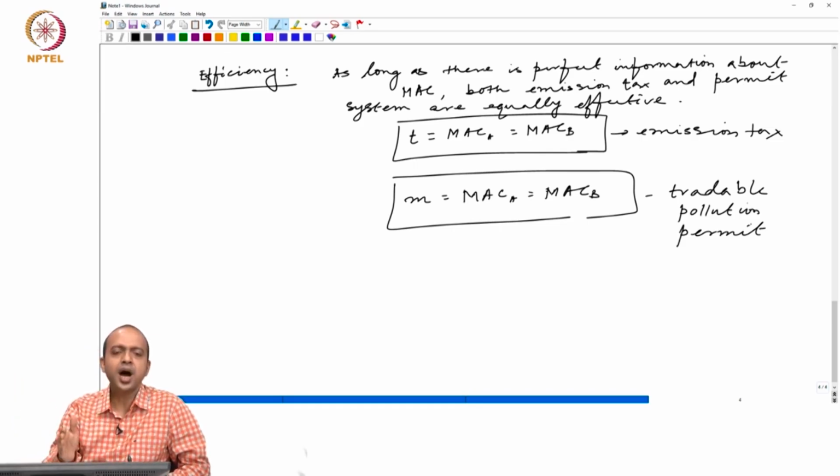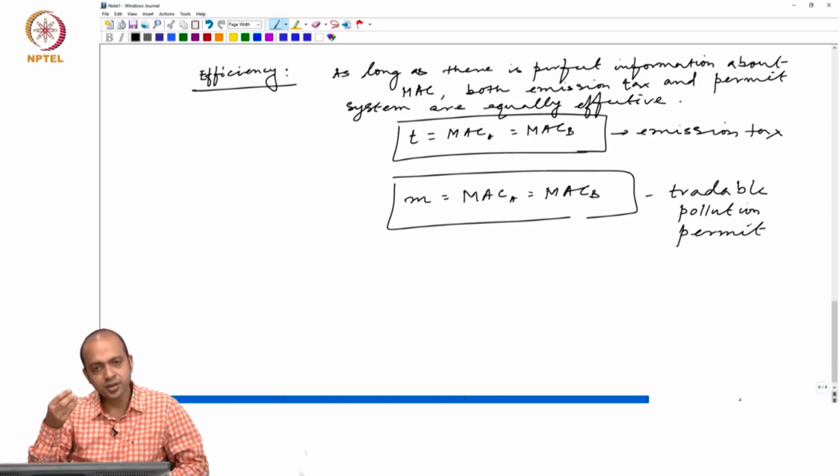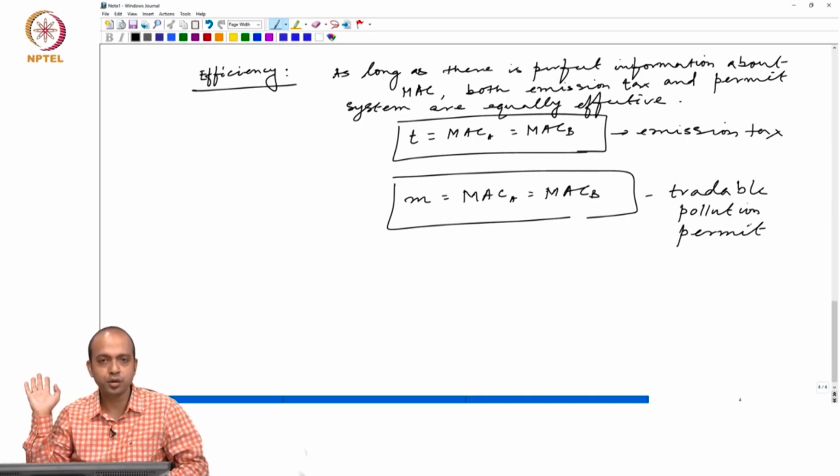In this case, I am not asking the firms that you should abate this much and you should abate that much. Regulator is not asking any amount of pollution control from the firms. Rather, regulator is only deciding about the tax rate. Firms themselves are deciding about their respective pollution control responsibility.